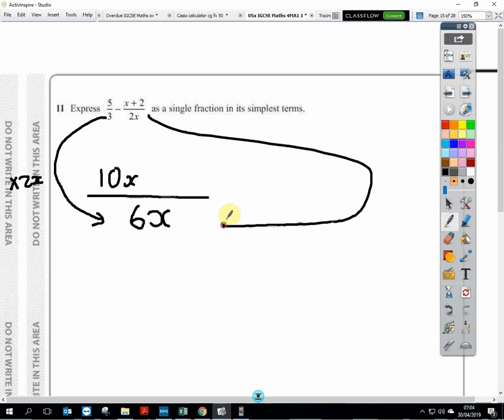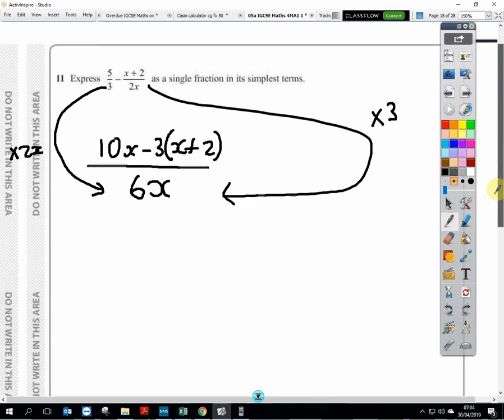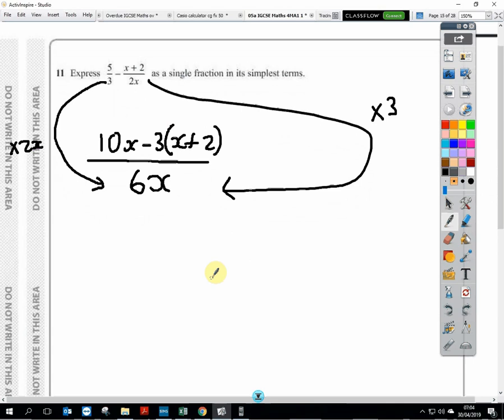What do you do to get from 2x to 6x? You times it by 3. So you're going to times the top by 3. So write your minus, and then when you times the top by 3, you must write it in brackets like this. Don't actually times it by 3. Just write 3 brackets. Do the expanding on the next line.